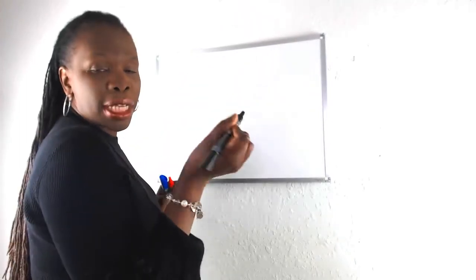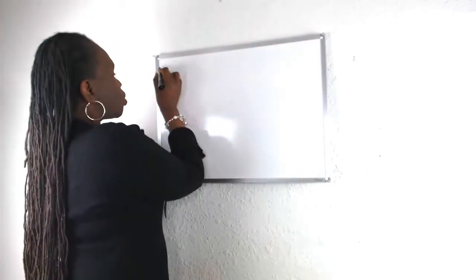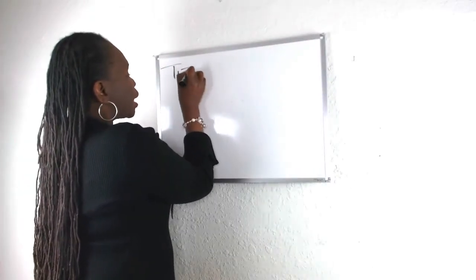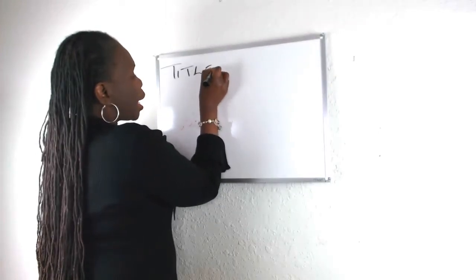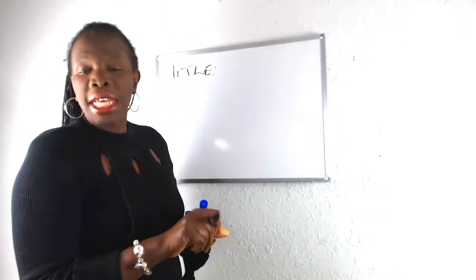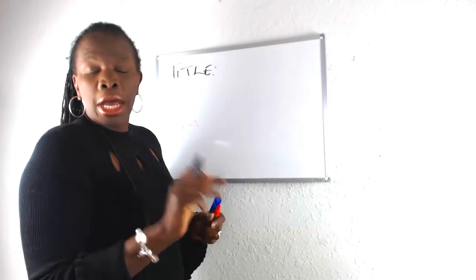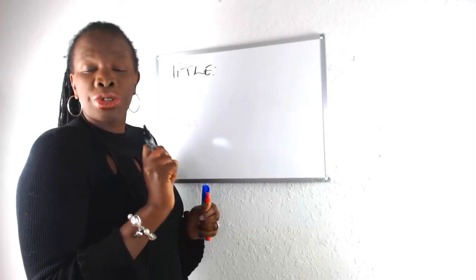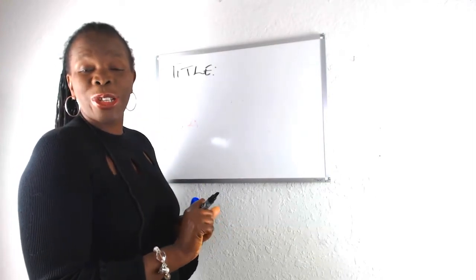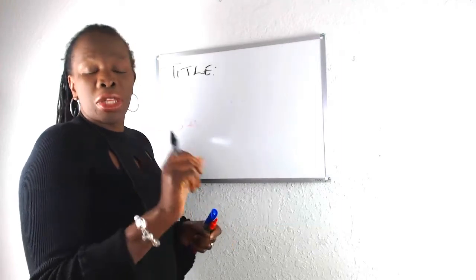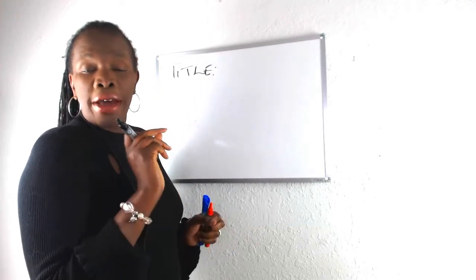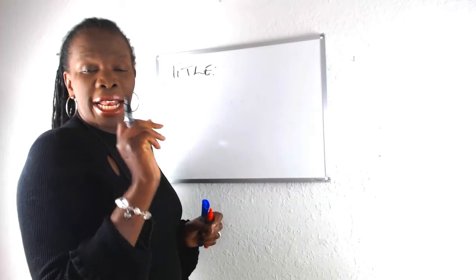That brings us to the first item that you are going to be taking care of, and that is your title. The way you are going to write your title, I'll try to go slow, is like this.